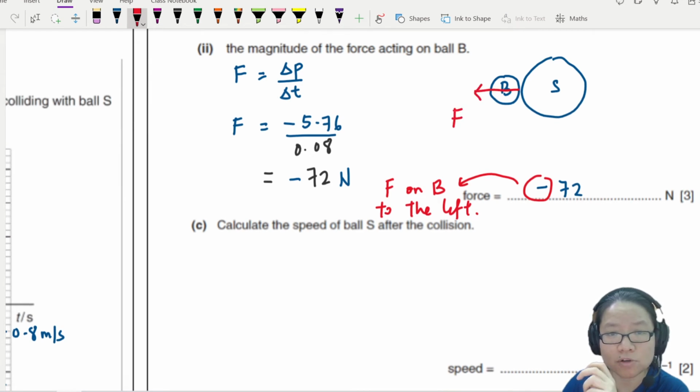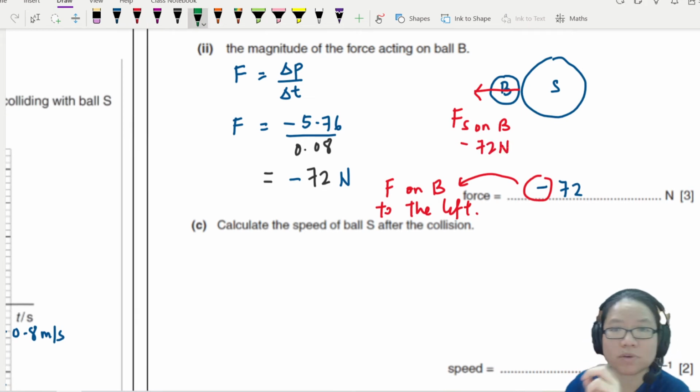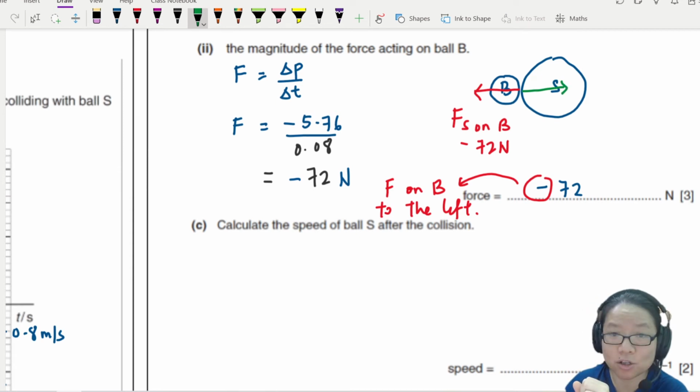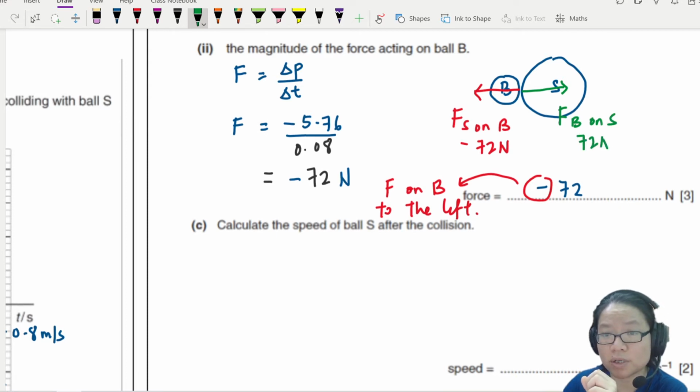So this is the force of ball S acting on ball B, negative 72 Newton. This means the force of ball B on ball S, according to Newton's third law, F of B on S, is also 72 Newton, but it's going to be positive.